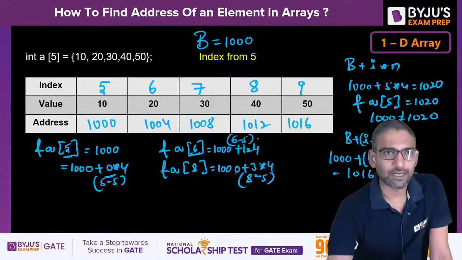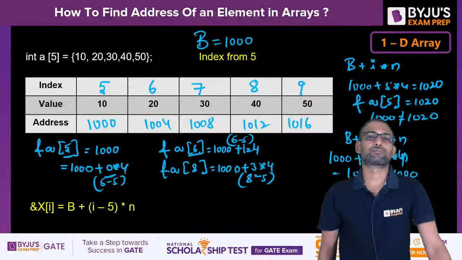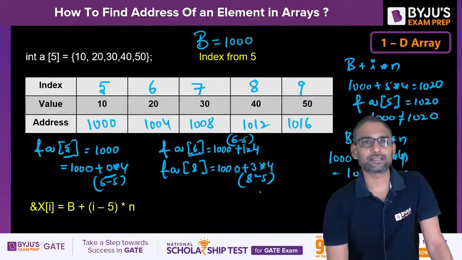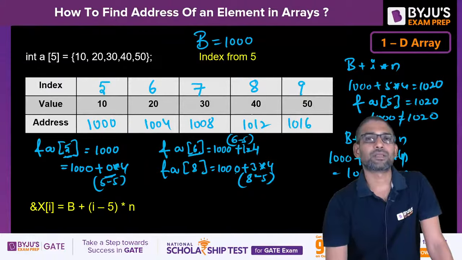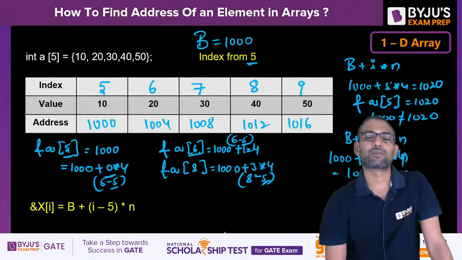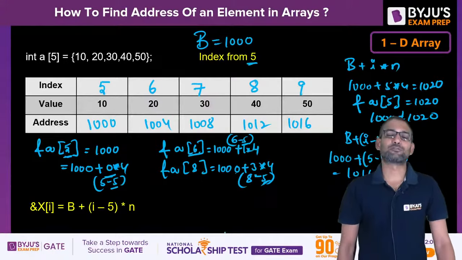So, if the index is starting from 5, I am always subtracting 5.